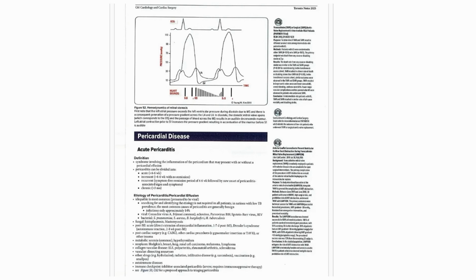Welcome back, everyone. Let's begin with figure 52, which illustrates the hemodynamic changes that occur in mitral stenosis. The figure integrates the ECG, pressure tracing of the left atrium and left ventricle, and the associated heart sounds to explain the pathophysiology of the disease.